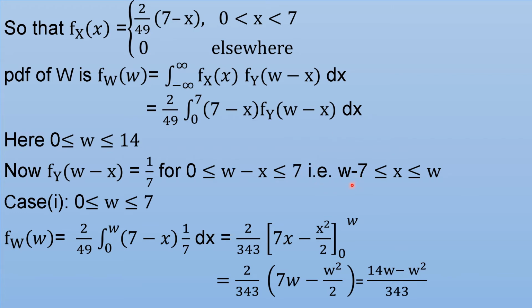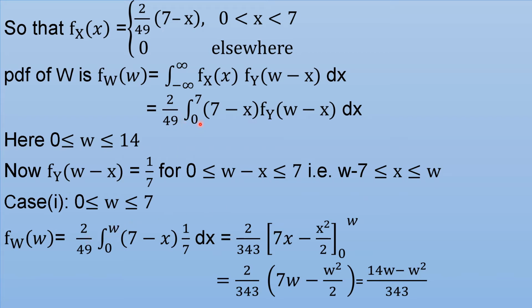In the lower bound of x, you take 0 itself. Upper bound, x should be less than or equal to w, and clearly w lies between 0 and 7. X should be less than or equal to w, and remember interval for x is 0 to 7. So x should be less than or equal to w holds. So upper limit will be w.